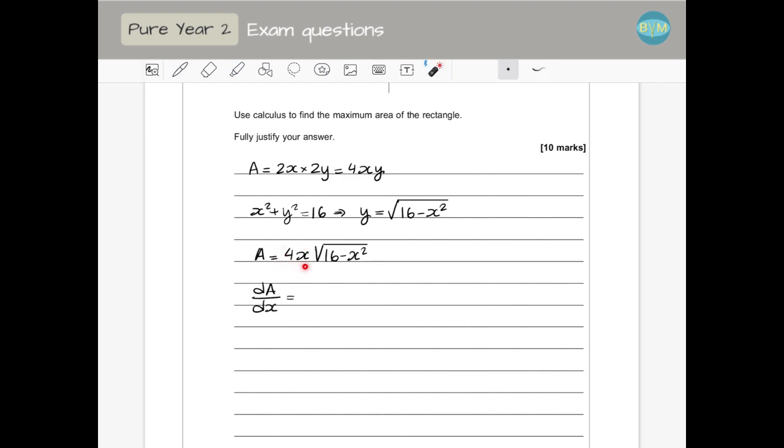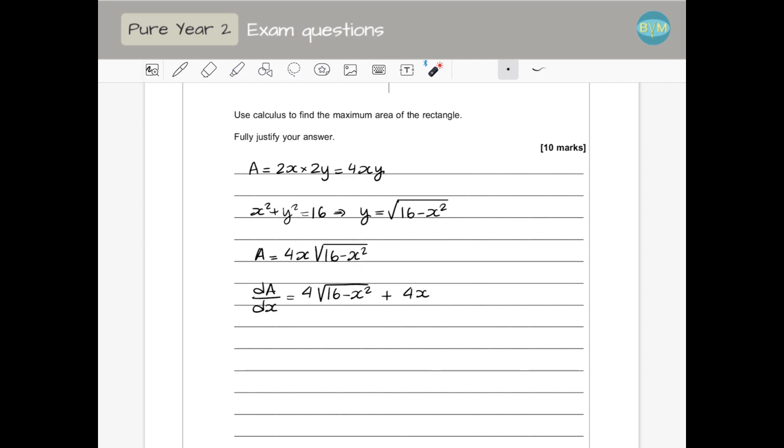I'm going to use the product rule, because I have one function multiplied by another function. I differentiate the first one and multiply by the second without differentiating it, so 4 times root 16 minus x squared, and then plus, I leave the first one as it is and differentiate the second one. So plus 4x.